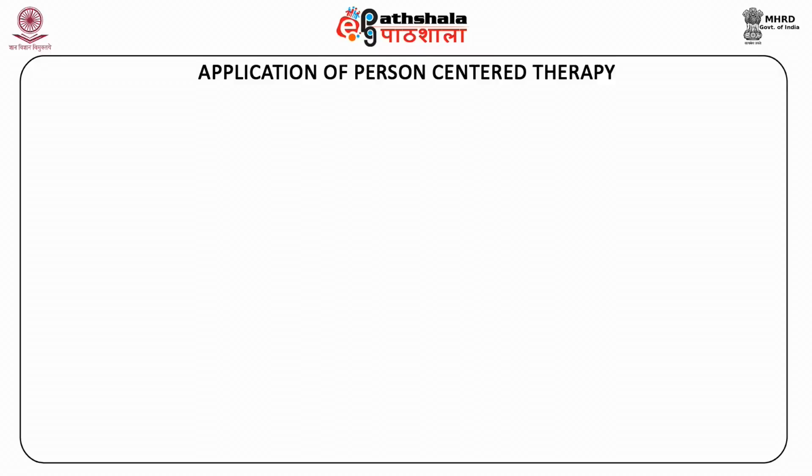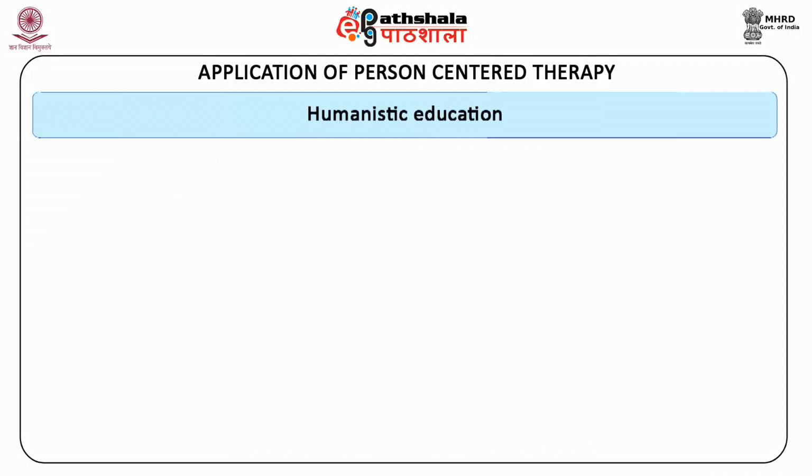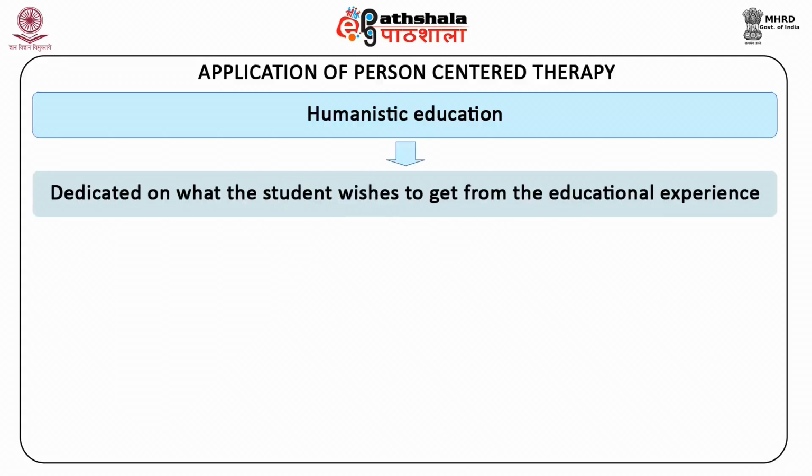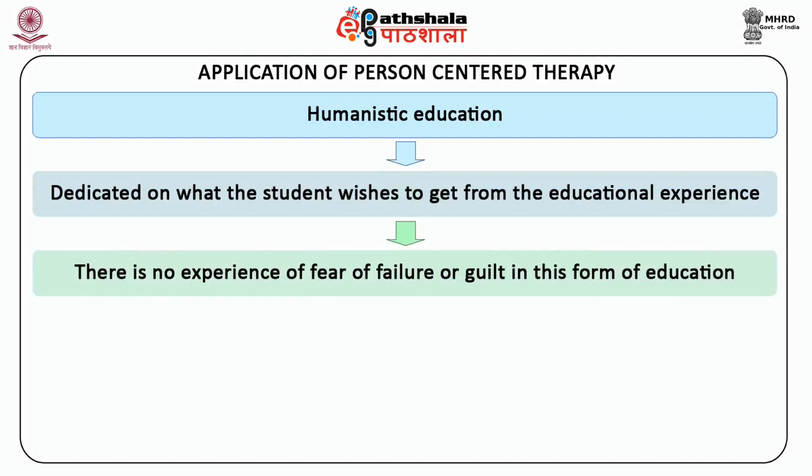Application of person-centered therapy. The person-centered approach can be applied to various areas of our life, some of which are humanistic education, which is similar to Rogers' ideas about therapy. This form of education is dedicated to what the student wishes to get from the educational experience, not what the educator expects him to achieve. There is no experience of fear of failure or guilt in this form of education. Fear destabilizes creative exploration of learning.